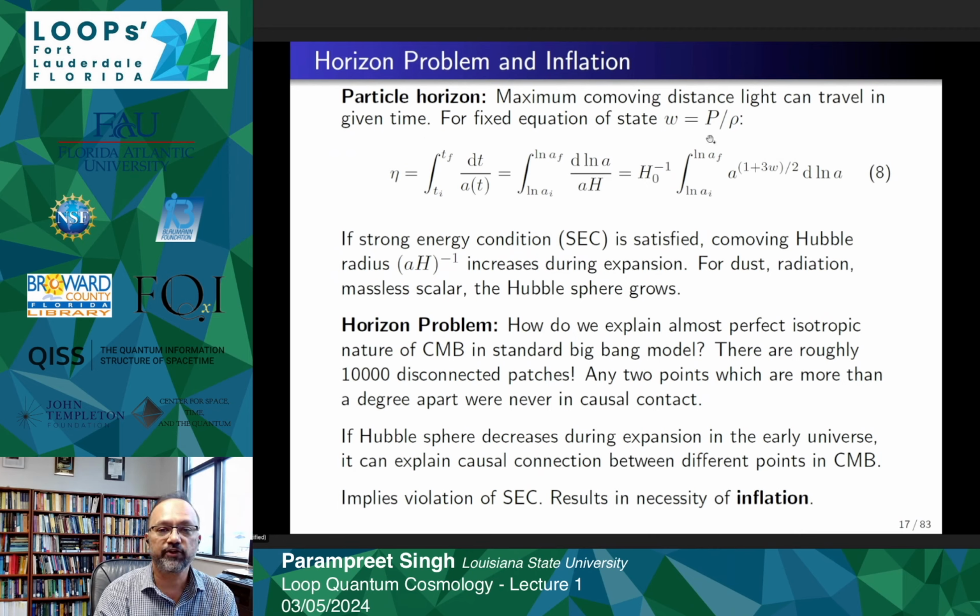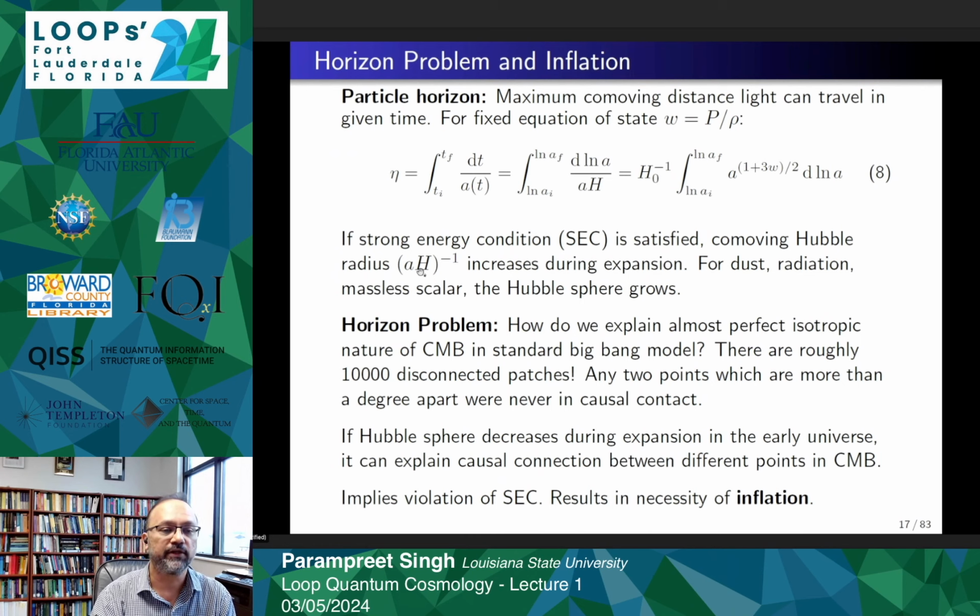And if you have a fixed equation of state, which is w equal to p by rho, the particle horizon eta can be defined as the integral of dt by a, and it can be integrated in this particular form. The important thing is that if the strong energy condition is satisfied, which means that the universe is just filled with dust, radiation, massless scalar field, and so on, then the co-moving Hubble radius, which is given by (aH)^-1, increases during expansion, and the Hubble sphere grows.